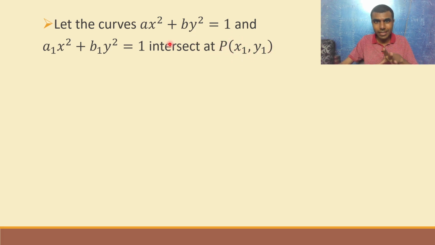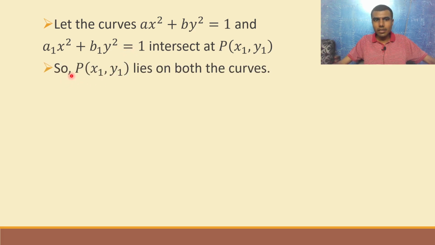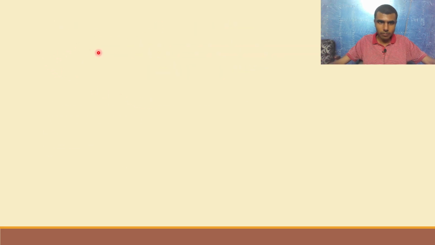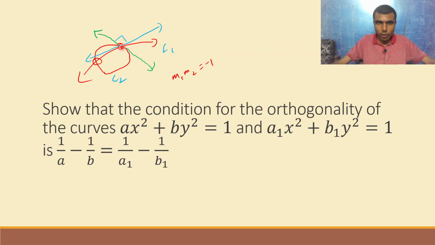That means this point will satisfy equation 1 and equation 2. For example, you see here, the point of intersection of C1 and C2 will satisfy C1 also and C2 also.